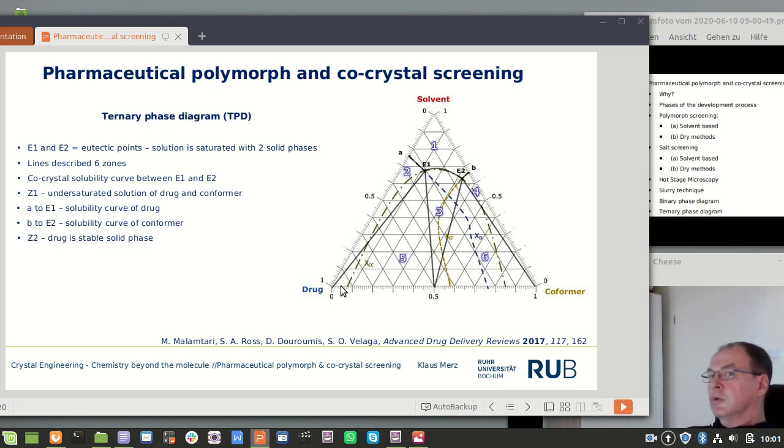Zone 2 is the stable zone of the drug phase. Zone 4 is the stable form of the co-former.